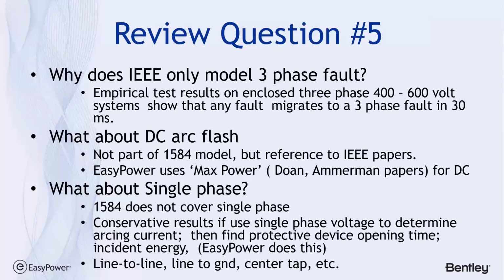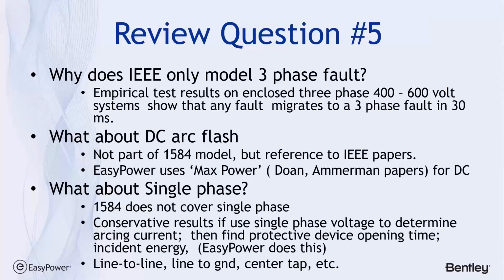In fact, they made a couple attempts to create a single phase arc, but in virtually every case, the arc migrated to a three-phase fault within 30 milliseconds. And if you look at the images that I used during the data collection discussion, if the arc plasma ball can touch an electrified bus, there's every reason to believe that the arc will migrate to wherever there's energy available.